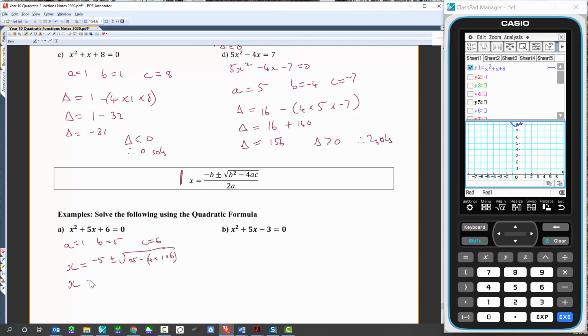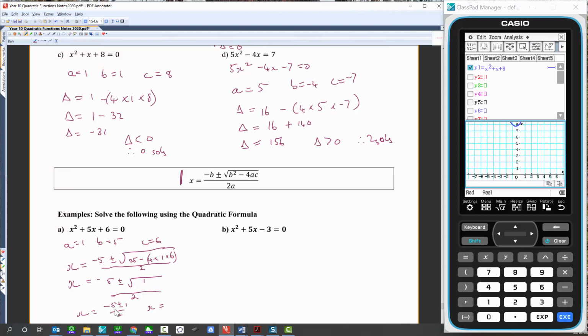Okay, that's x is equal to, I forgot to put it over 2a, which is 2. That's -5 plus or minus square root of, now that's 25 take away, 6 fours are 24, we're left with 1 over 2. X is equal to, now the square root of 1 is just 1, so we're going to say -5 plus or minus 1 over 2.